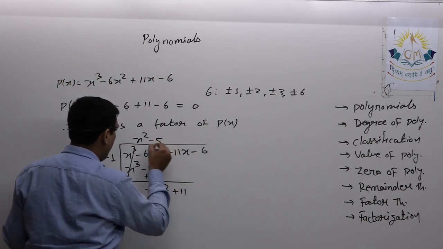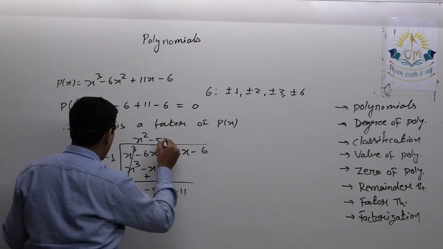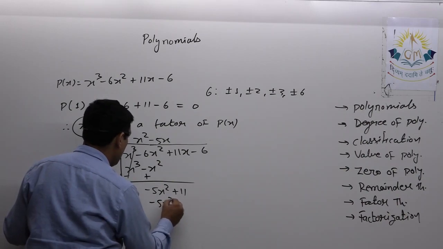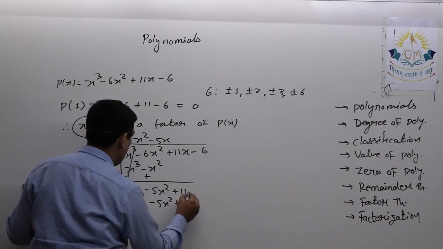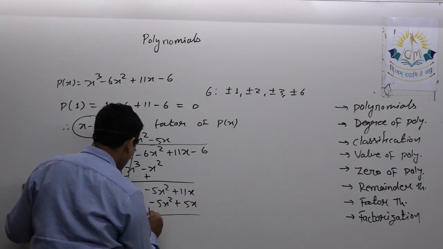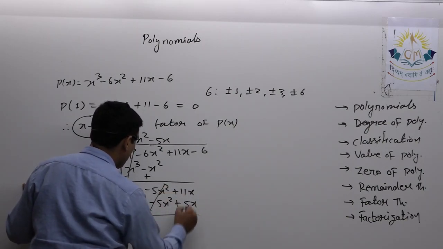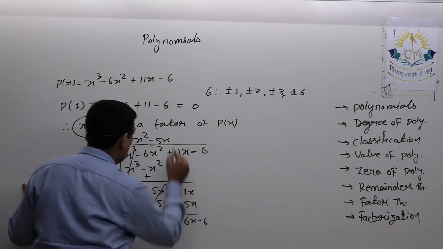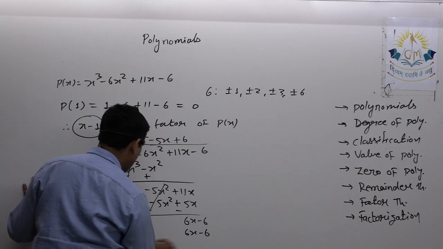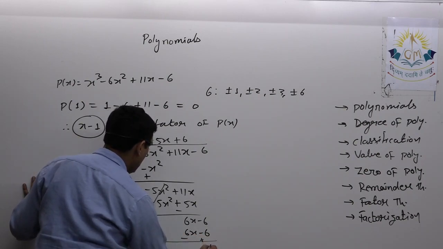So here minus 5x, so minus 5x square plus 5x, and this will cancel out. Here 6x minus 6. Here I will get 6. So 6x minus 6, and ultimately here it is 0.